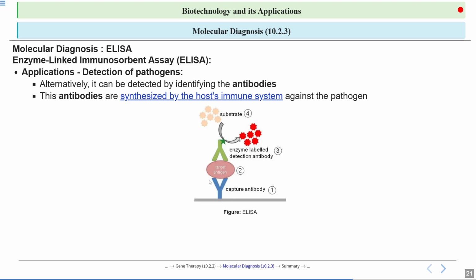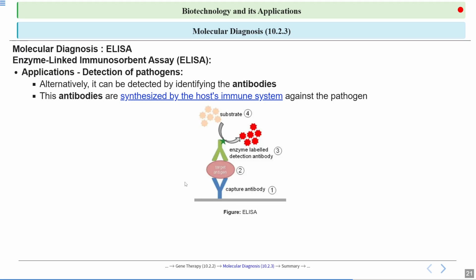Now the antigen which is specific against this antibody comes and binds to this antibody. After this, how will we understand it, because it is not possible to see with naked eyes that it has gone and bound to it?